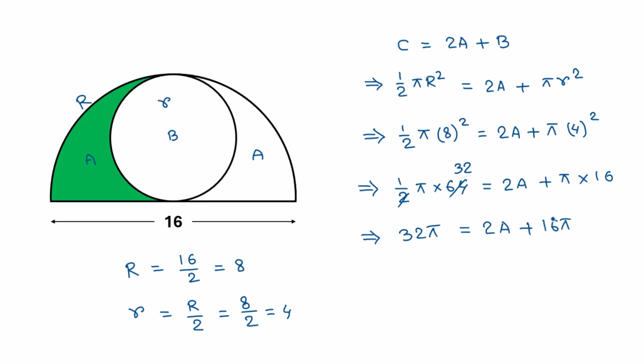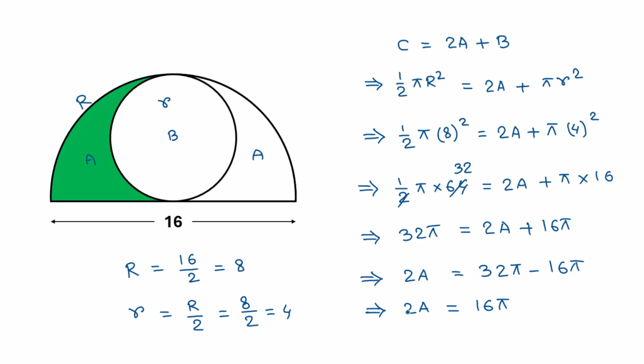Now taking this 16 pi to the left side and writing the left side to the right, we will get twice A. So twice A will be 32 times pi minus 16 times pi, or twice A is equal to 32 pi minus 16 pi, which is 16 pi.